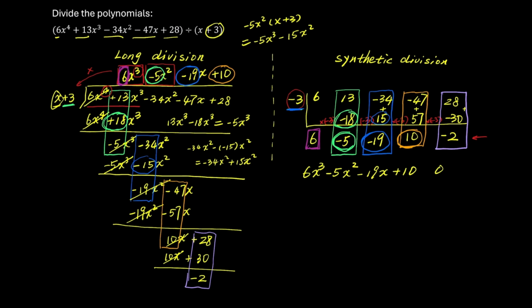So this is the quotient. And the negative 2 here is actually the remainder, which perfectly matches the remainder we found in the long division. Okay, so negative 2 is the remainder.